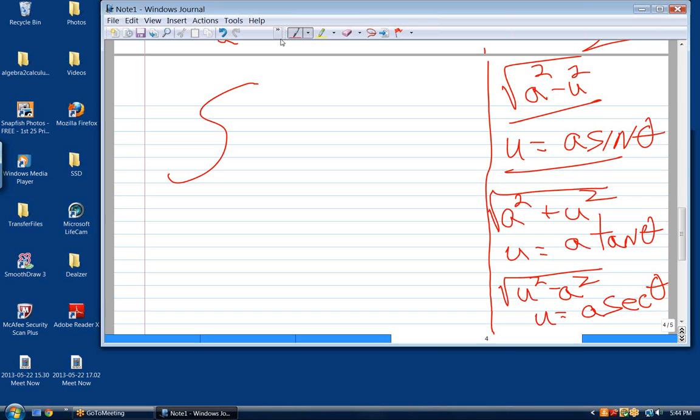Or if it was the square root of 9 minus x, then a is 3, u is square root of x, in order to make it a squared minus u squared. Okay, I can integrate that, so I would never be doing that. But let's do one more example.